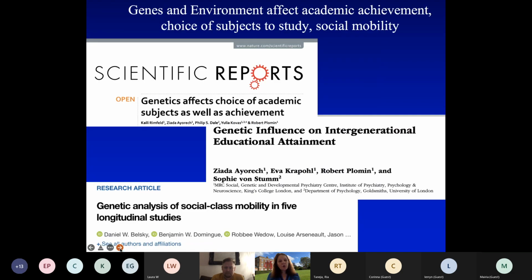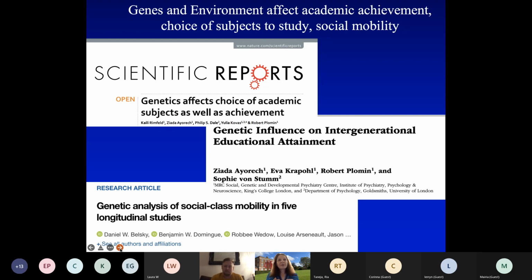Here are some more publications which show, for example, that genes and environment both affect academic achievement, but not only achievement, but also the choice of subjects that children want to study at school, for example, at A levels. What we're finding is that monozygotic twins choose more similar subjects or the same subjects, whereas dizygotic twins are much more different in the subjects that they choose to carry on studying.